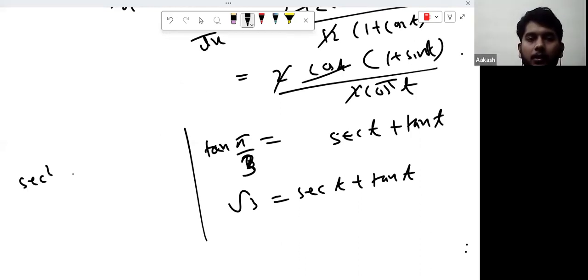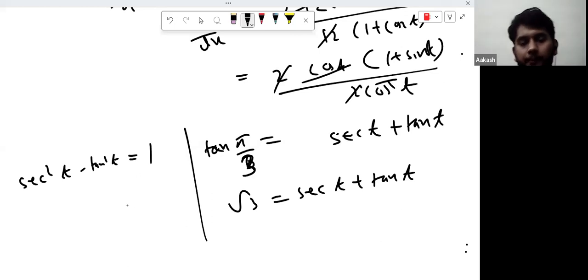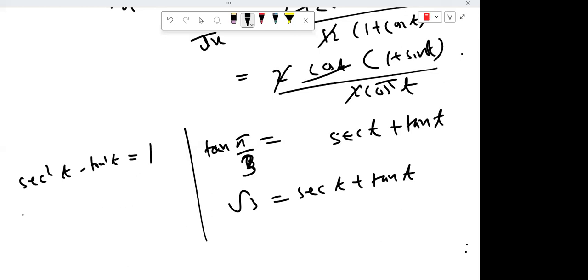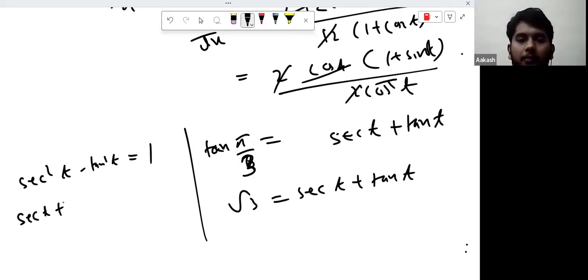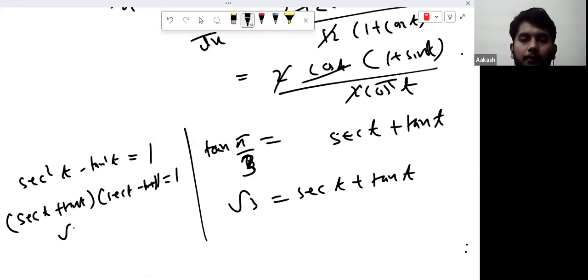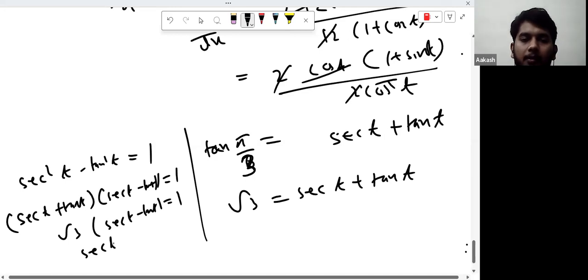Do we know sec square t minus tan square t is equal to 1? Yes, sir. So can I say (sec t plus tan t) into (sec t minus tan t), and this is root 3. So sec t minus tan t is equal to 1 by root 3.